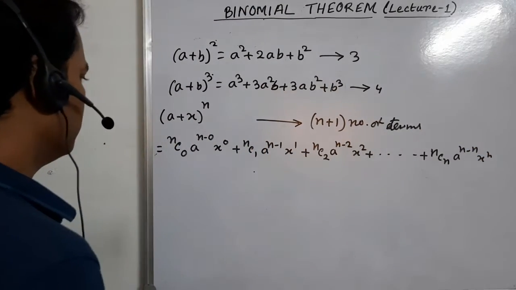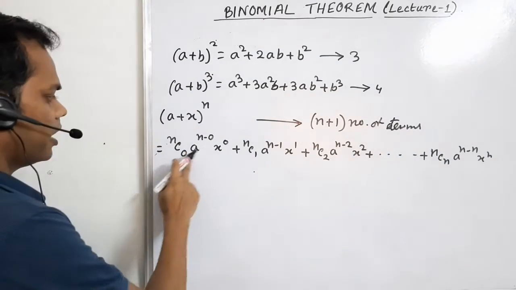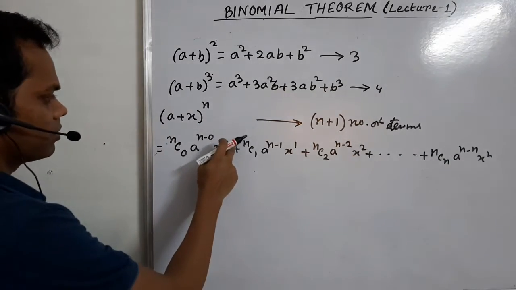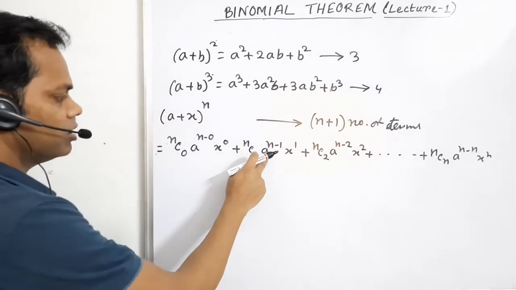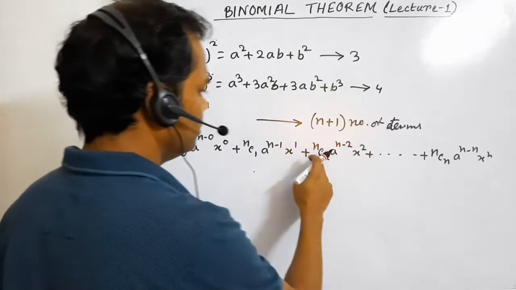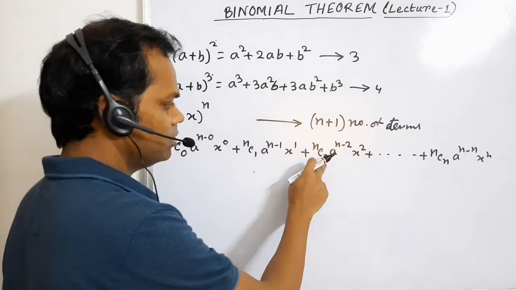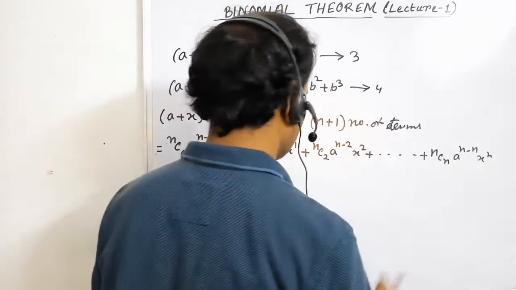Remember, for nC0, n minus 0 is the power of the first term and 0 is the power of the second. For nC1, n minus 1 is the power of the first term and 1 is the power of the second term. For nC2, n minus 2 is the power of the first term and 2 is the power of the second term, similarly.